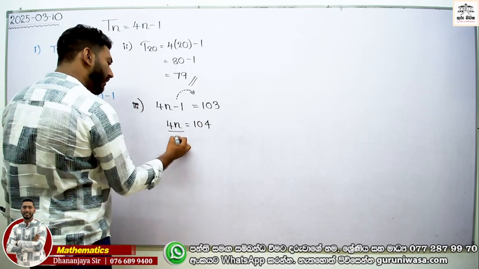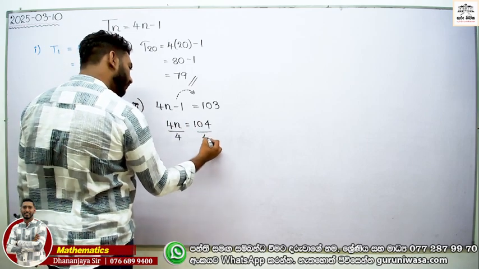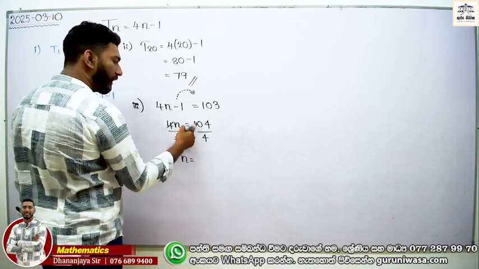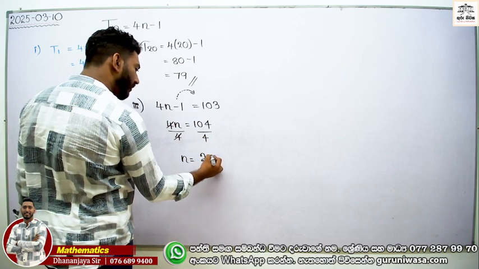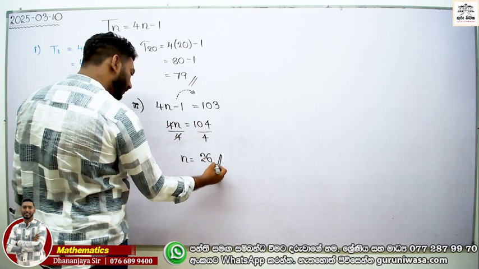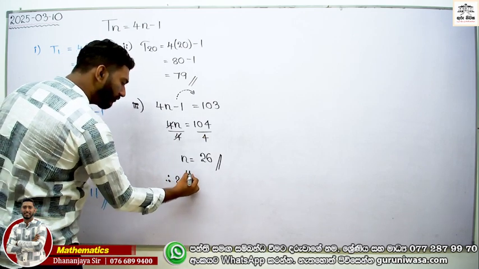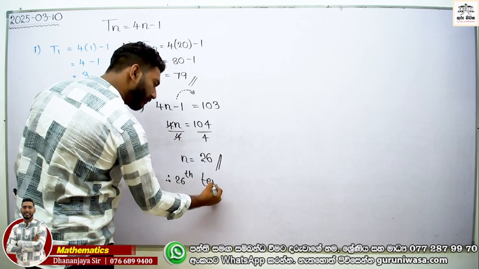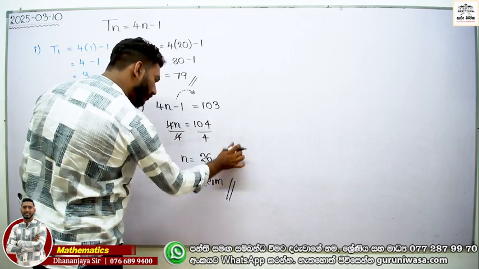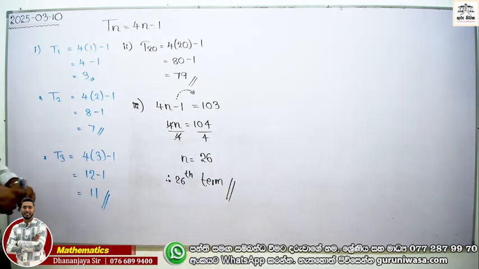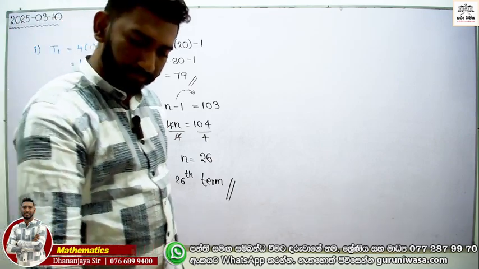Now you can divide by 4. Now n is equal to 104 divided by 4, which is 26. Therefore, 103 is the 26th term.